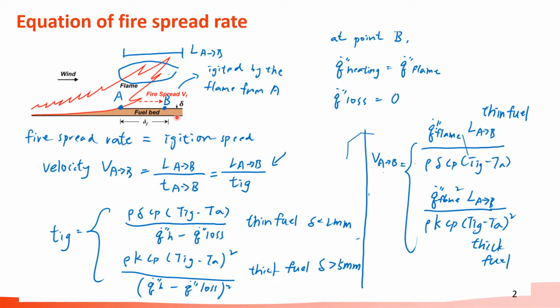So let's take a look at point B. Why can the fire spread from point A to point B?